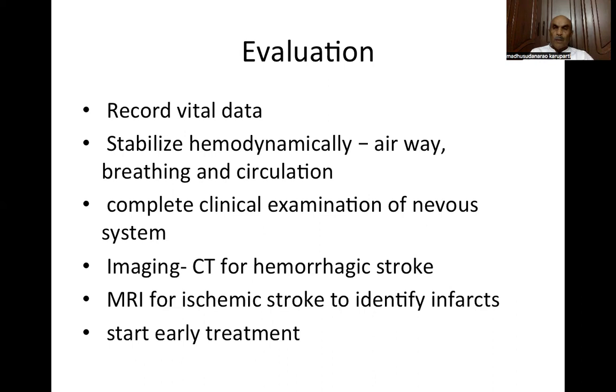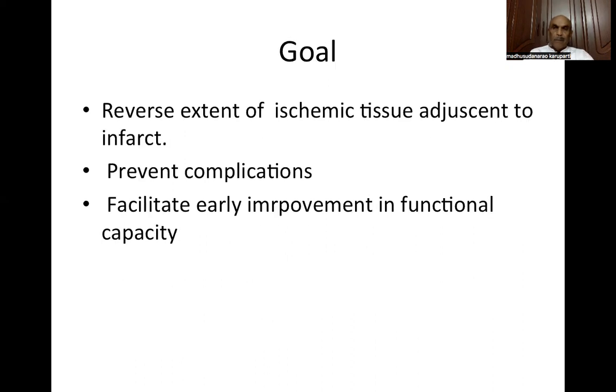Then proceed for imaging. CT of the brain will tell you about the hemorrhagic stroke and site of hemorrhage. MRI brain is diagnostic for ischemic stroke in order to identify the area of infarcts. Then start early treatment, because the potential for the complete recovery of the stroke drastically diminishes with the loss of every minute to initiate the treatment.